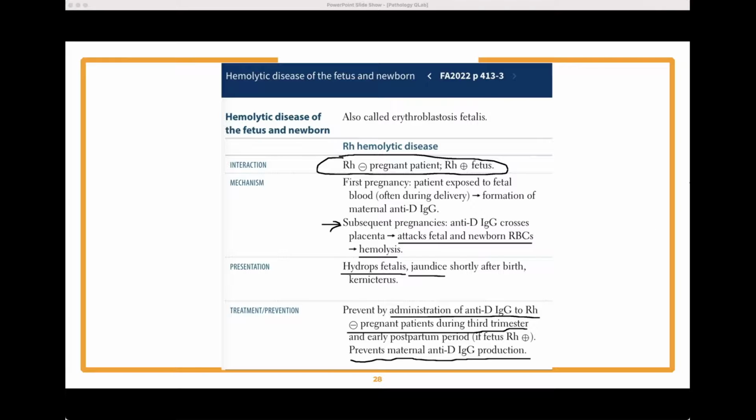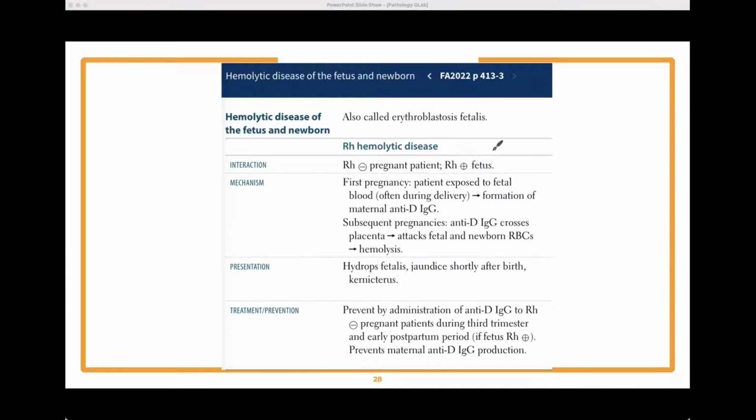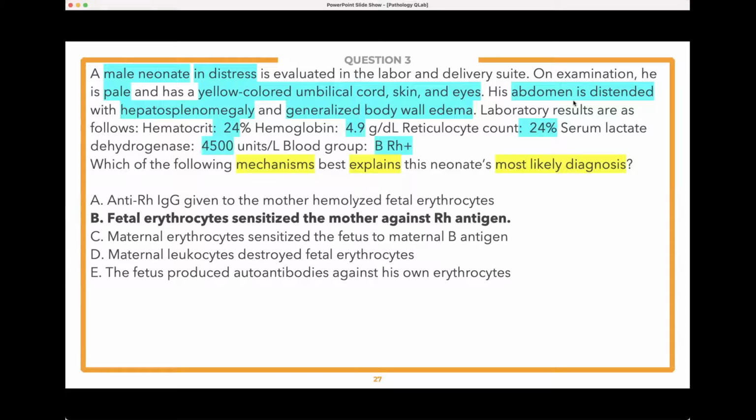So let's go back to our question. Hopefully you guys can now see why answer choice B is the best answer. The fetal erythrocytes sensitize the mom against the Rh antigen. So the mom is now making antibodies that cross the placenta and attack the red blood cells.